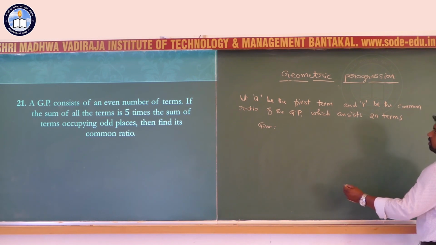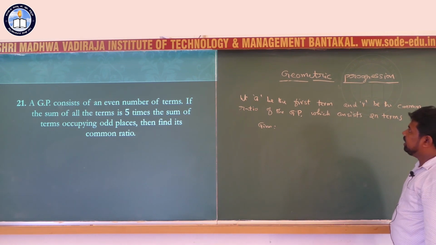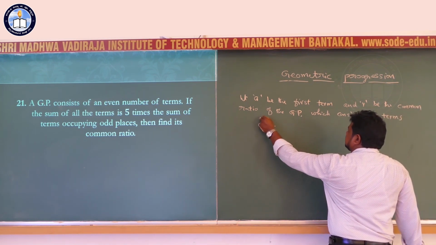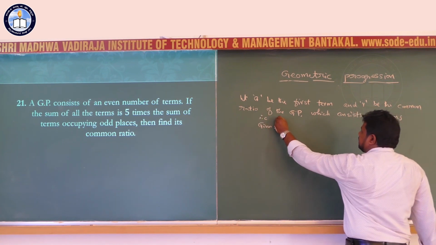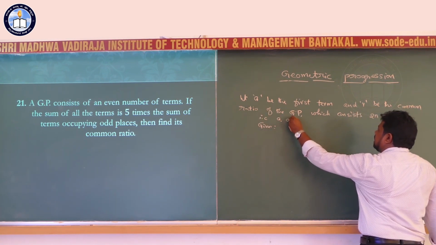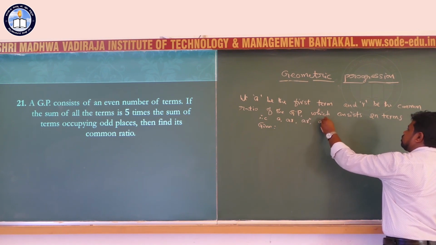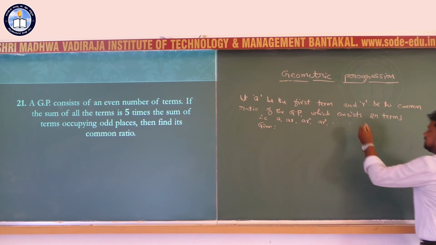Here first term a, common ratio r, therefore the GP is a, ar, ar square, ar cube, like that.